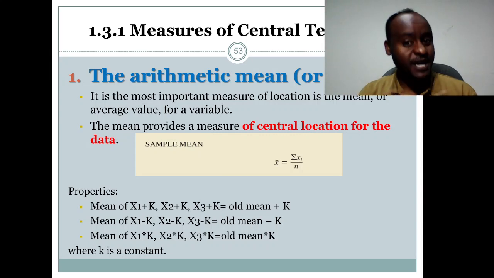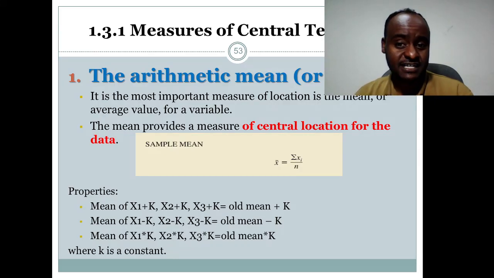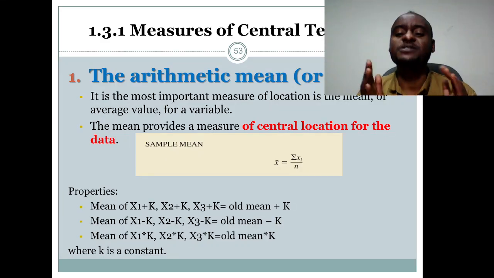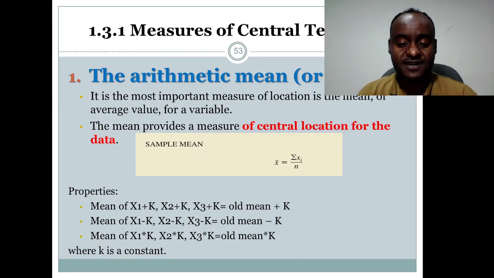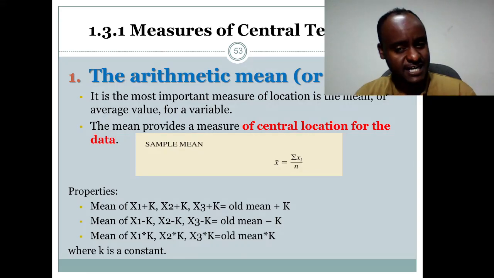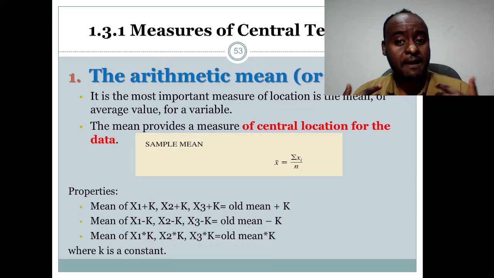That's one thing, numerically. Data can be summarized graphically, in table forms, and sometimes numerically. So the measure of central tendency is one of the tools that we use to summarize the data numerically. Sometimes we calculate the mean, which represents the average of that data set, or sometimes we select the middle value, which is the median, and sometimes we select the mode, which is the data that happens many times in that data set, the one that has high frequency.